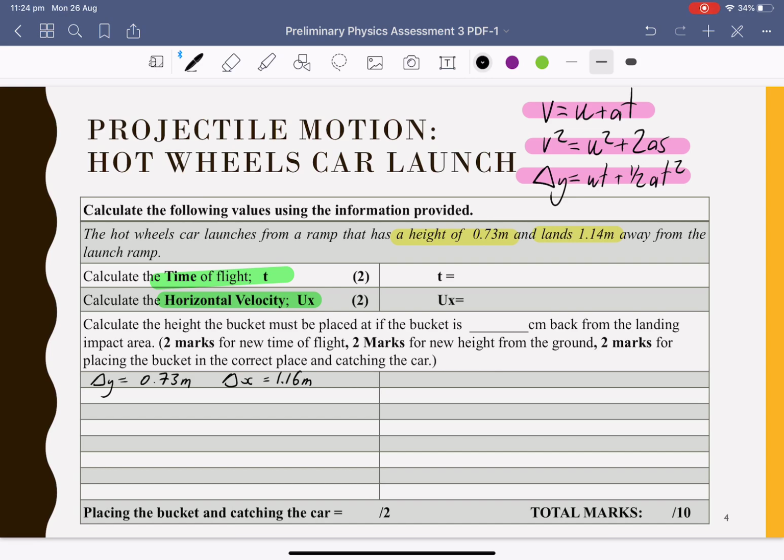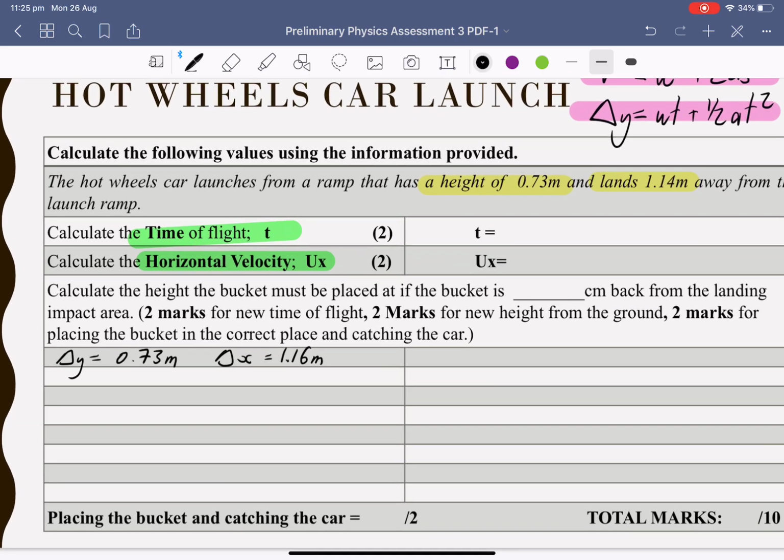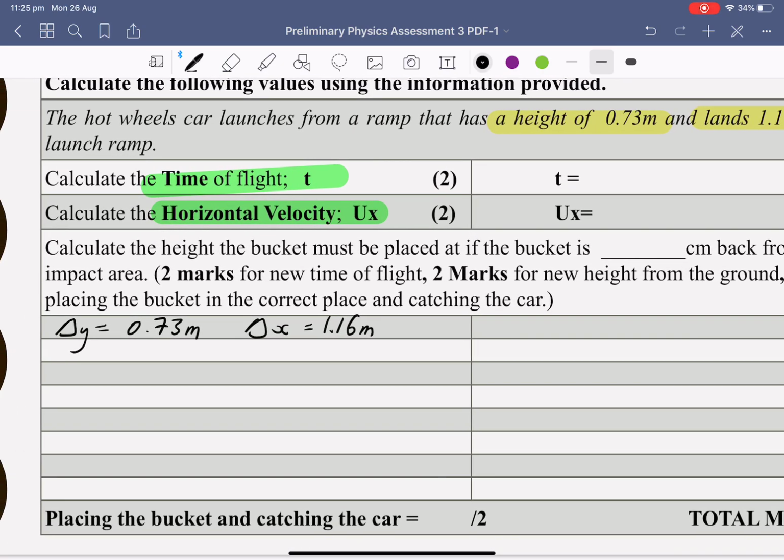Now, I know that's not the same as 1.14 as it's shown in the question here, but we changed it to 1.16. So to calculate the time of flight of the car, we need to use the equation delta Y equals UT plus a half AT squared.